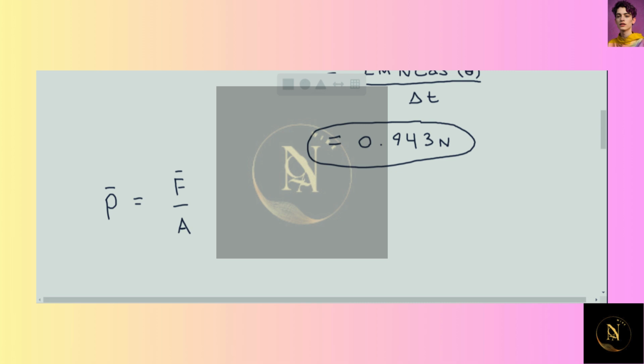So our area was just 0.6 meters squared up there, so 0.943 divided by 0.6. It's going to leave us with 1.56 newtons per meter squared. Cool.